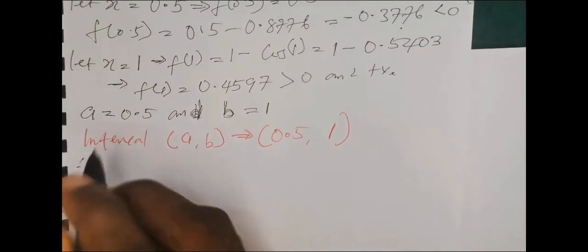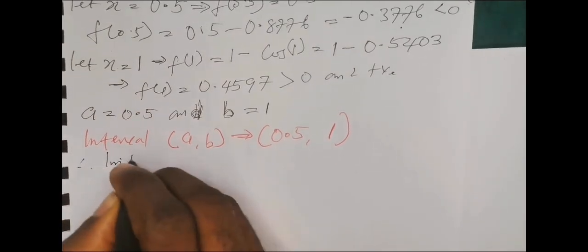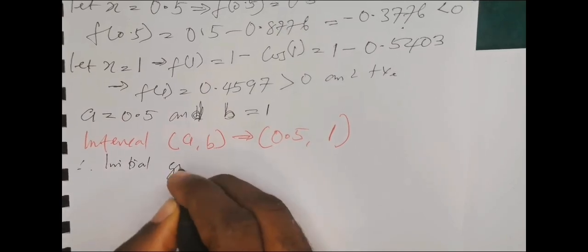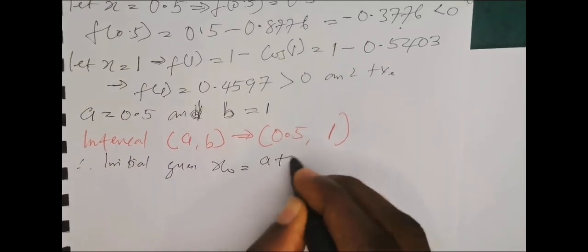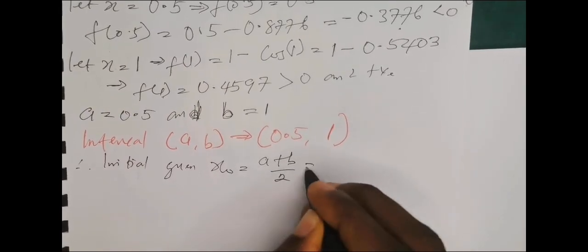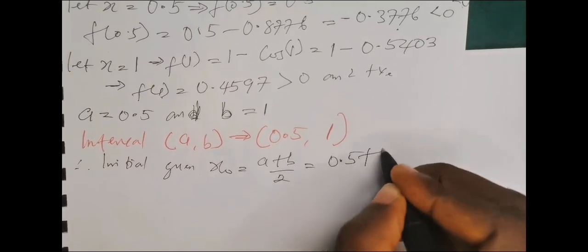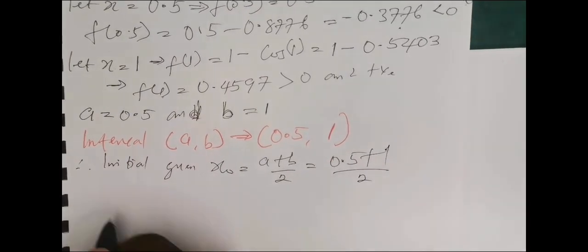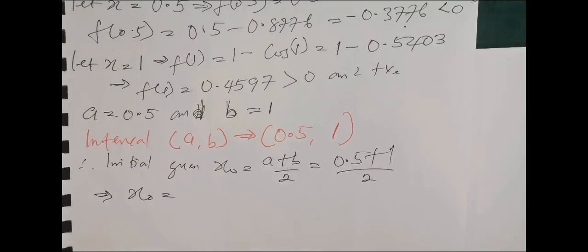Therefore you find your initial guess, which is x0, and that is equal to a plus b divided by 2, which is 0.5 plus 1 divided by 2.